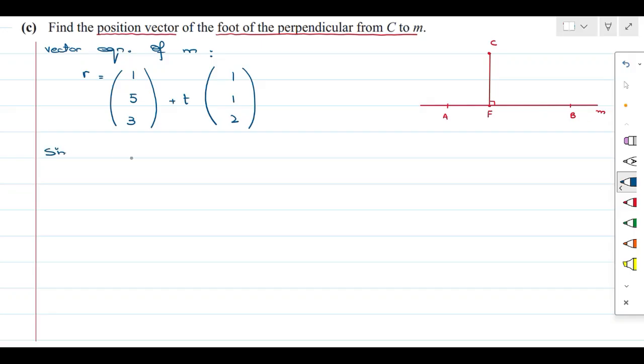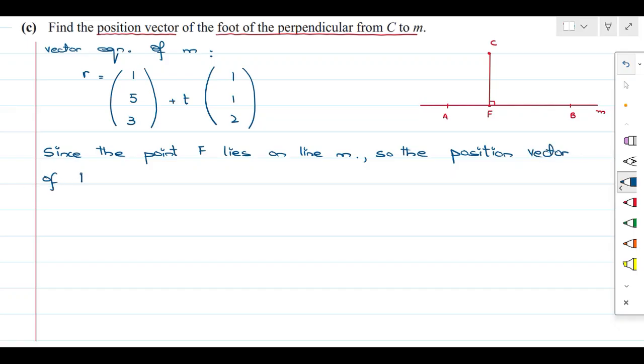Now as we know that the point F lies on the line M, right? So since the point F lies on line M, the position vector of F is the same as the vector equation of M, because this point F lies on this line M. So the position vector of F and the vector equation of line M both are the same.